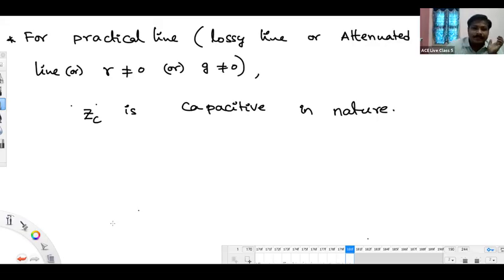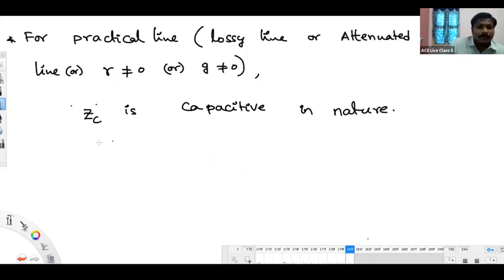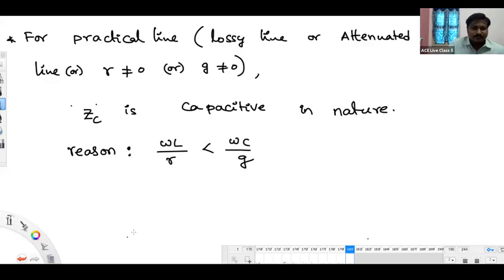Because omega L by R is less compared to omega C by G, or omega C by G is greater compared to omega L by R. So the reason is that omega L by R is less than omega C by G, and by cancelling omega, you get L by R is less than C by G as the condition.